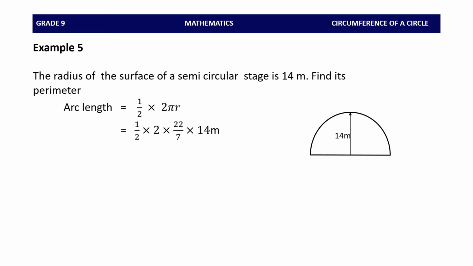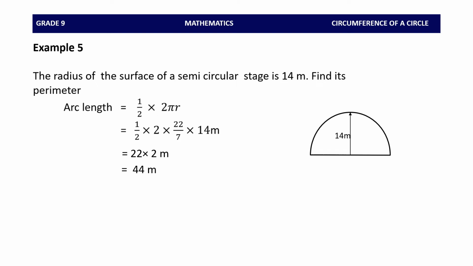Half multiplied by 2 multiplied by 22 over 7 multiplied by the radius 14. Now simplify 2 with 2. 14 divided by 7. The remaining is 22 multiplied by 2. The arc length is 44 meters. But we want to find the perimeter of the stage.